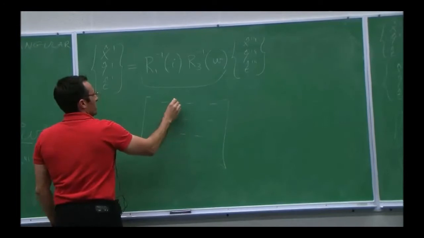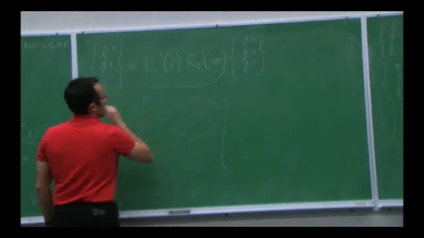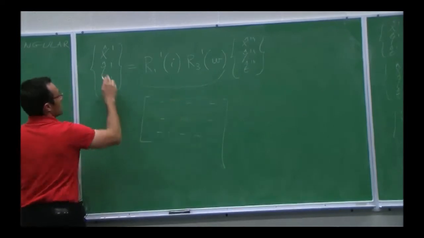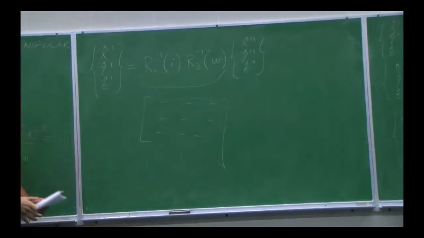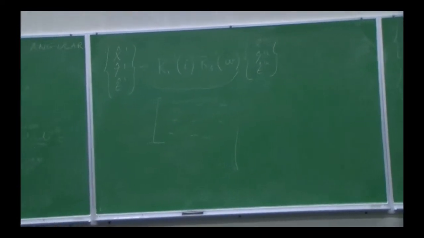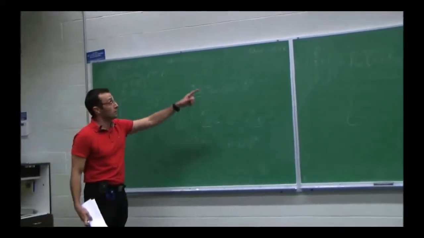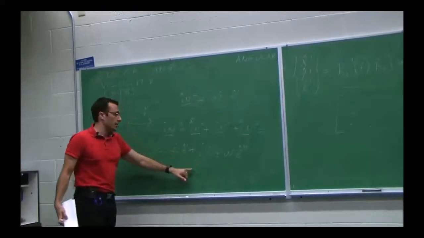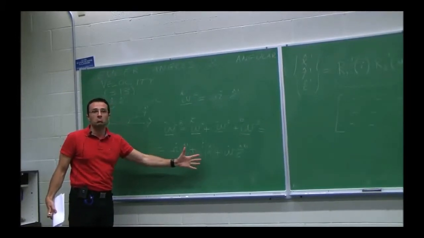The first row gives you how x prime projects into this new basis. The second gives you how y prime projects. Actually, I need x prime and z prime. I don't need the y prime, I don't have it here anywhere.